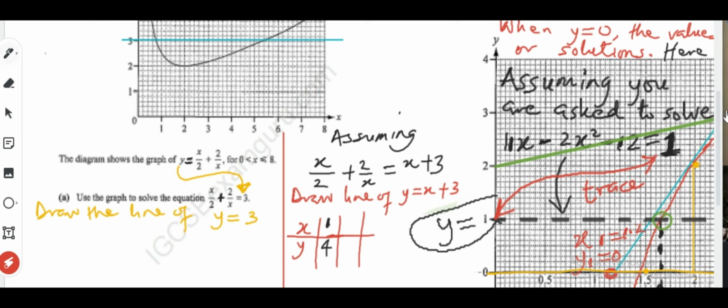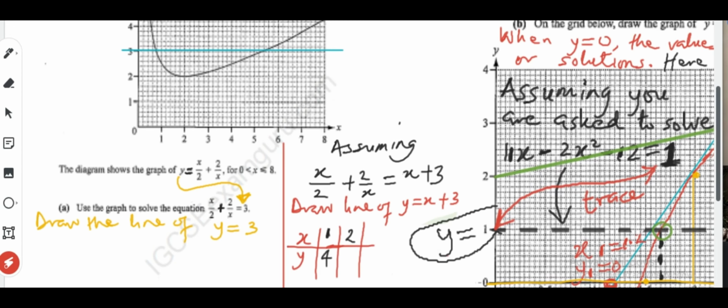But if you don't want to use that, you can pick another value. Maybe we can pick 2. I said use any two values on x, any two values along here. For instance, 1 and 2, or we can even use 1 and 3.